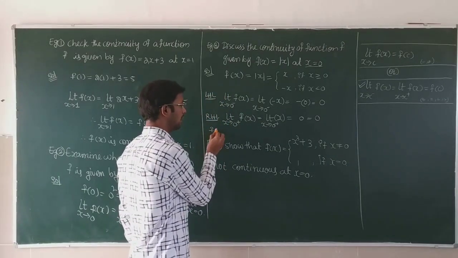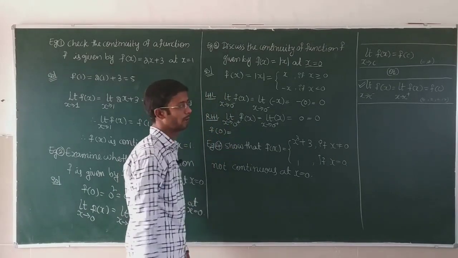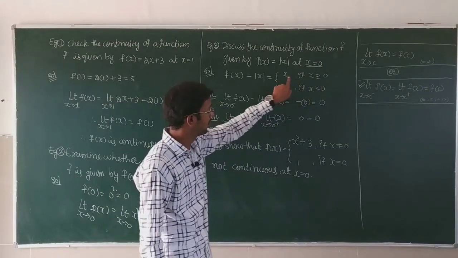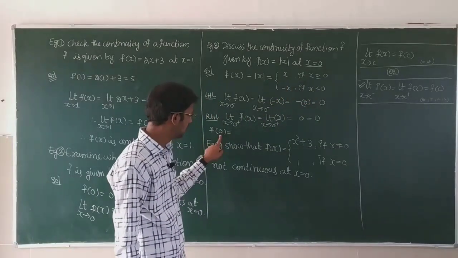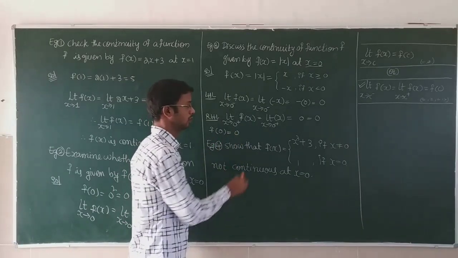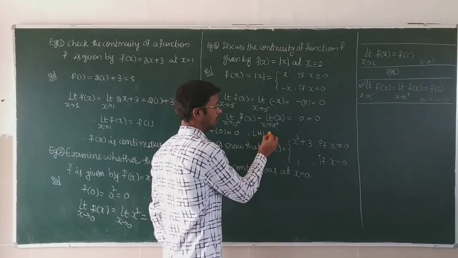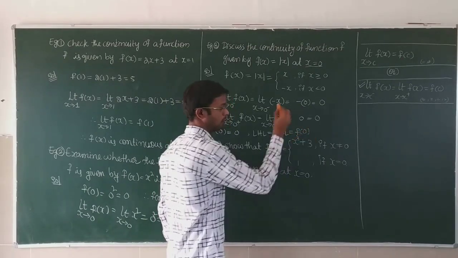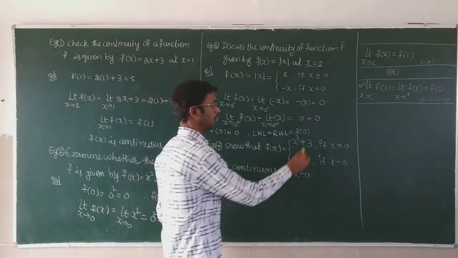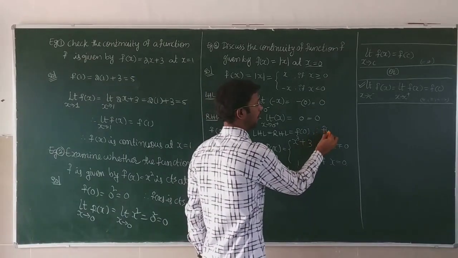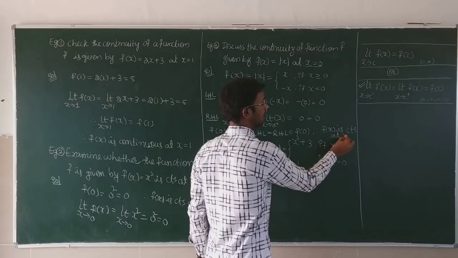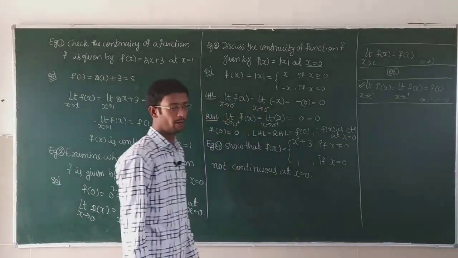Next, f of 0 is equal to 0, because at x equal to 0 the value is x, which is 0. So LHL equal to RHL equal to f of 0. Therefore, f of x is continuous at x is equal to 0.